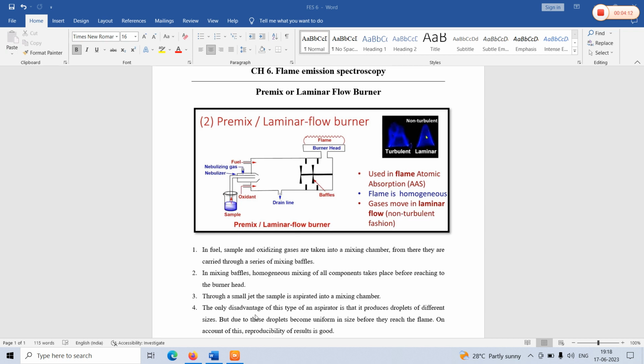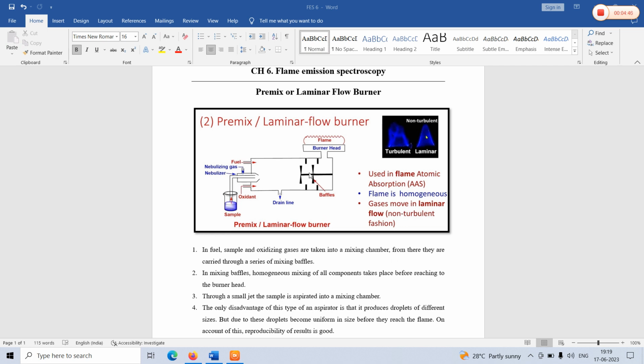And the fourth point is that the only disadvantage of this type of aspirator is that it produces droplets of different sizes. Because of the aspirator, non-uniform droplets of different sizes are produced, but these droplets become uniform in size before they reach the flame.